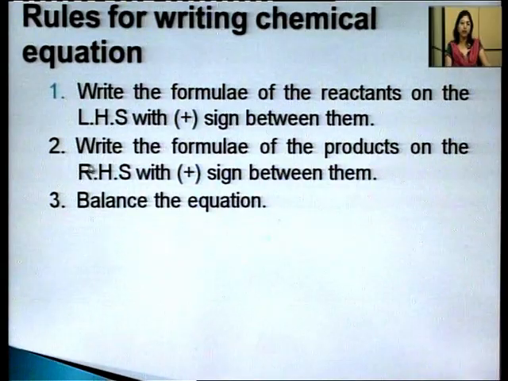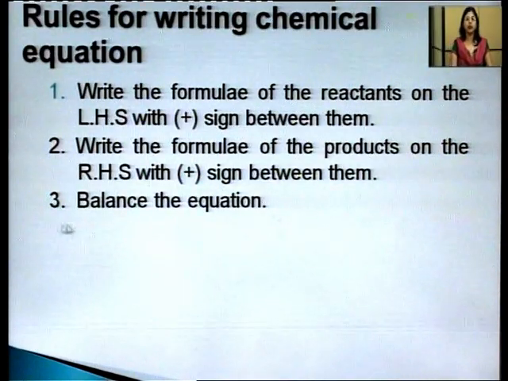In the second step, write the formulae of products on the right hand side with a plus sign between them. You have to write the formulae of the various products on the right hand side of the arrow, again by placing a plus sign between the various products.